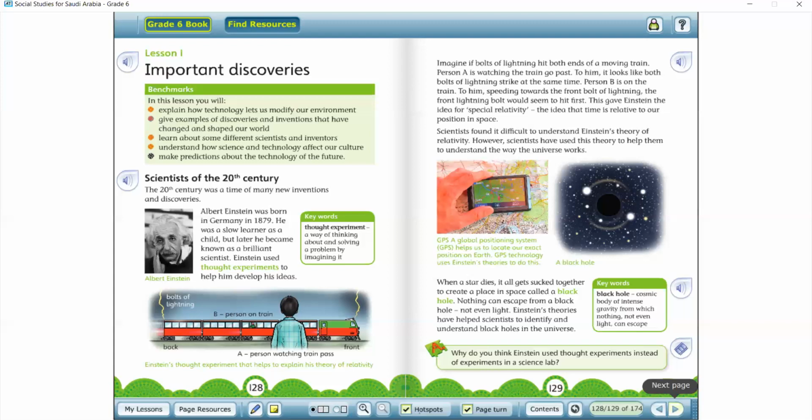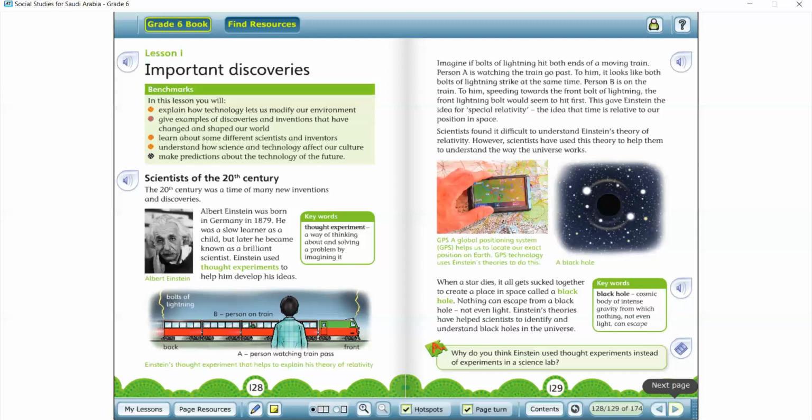If you go to the next lesson in 129, you are going to learn more things about the discoveries. Basically it's about that for 128, which is for unit 4, lesson 1.